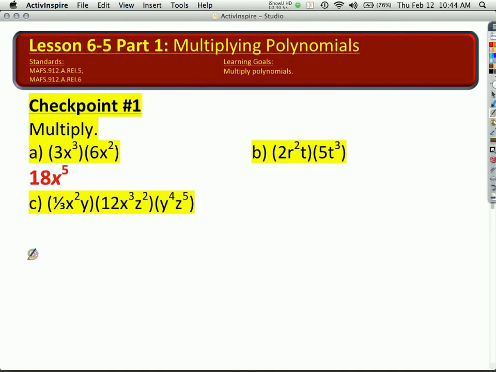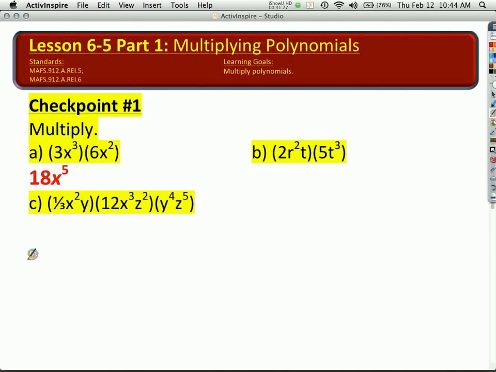What about part B? I got student 14, 11, and 6. Student number 14. 10 r to r squared and r. Okay, student number 11. T. Okay, student number 6.